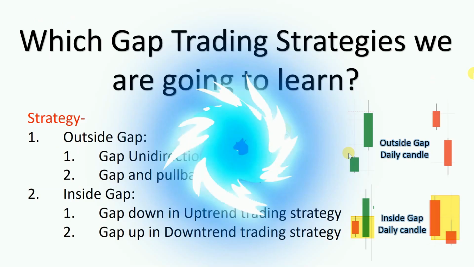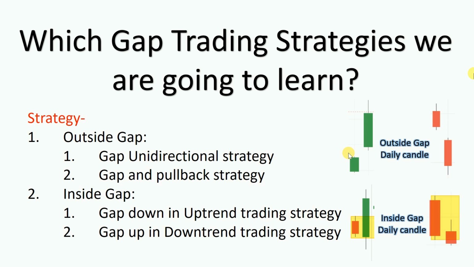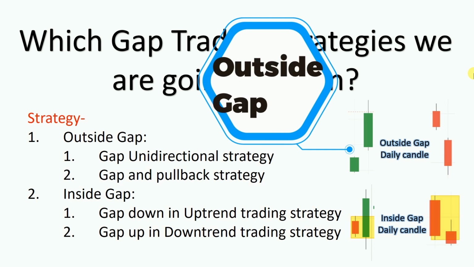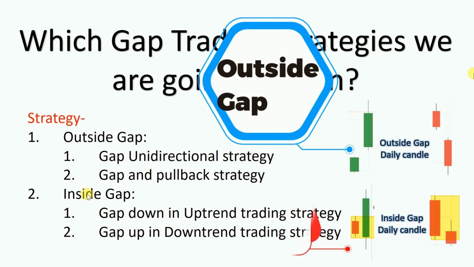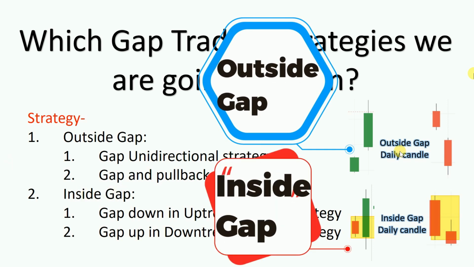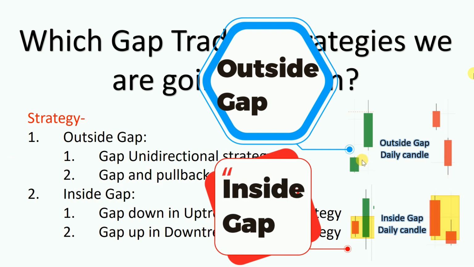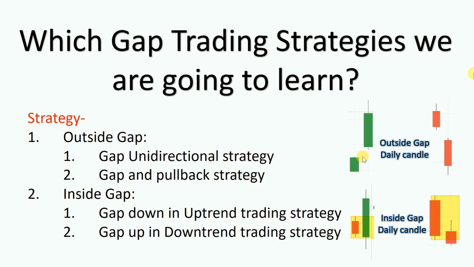Right now, let's see our 4 strategies, which are divided into 2 main types: the outside gap, and second, the inside gap. The outside gap is the gap which occurs outside the range of the previous day. Range means high and low.